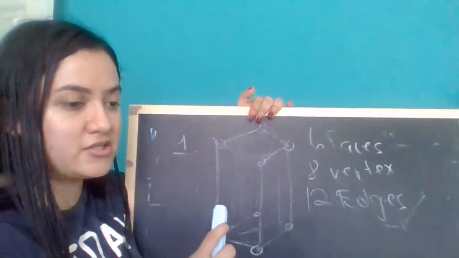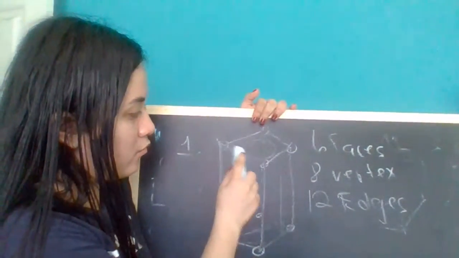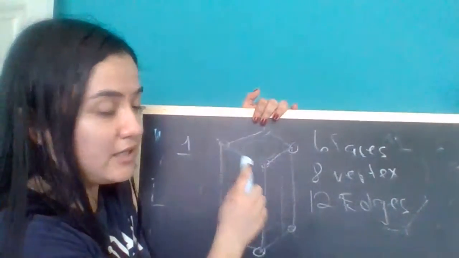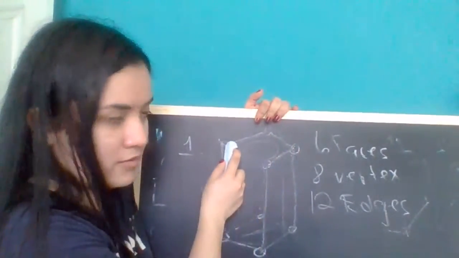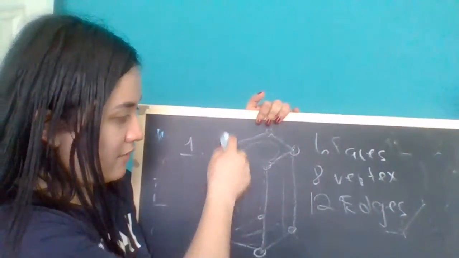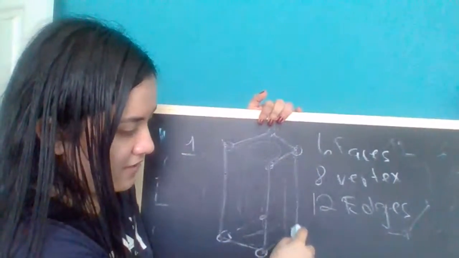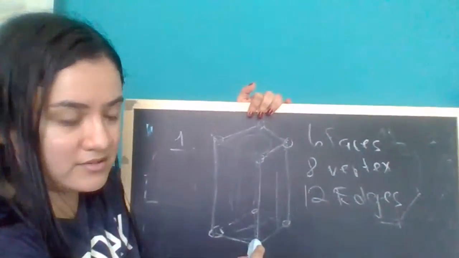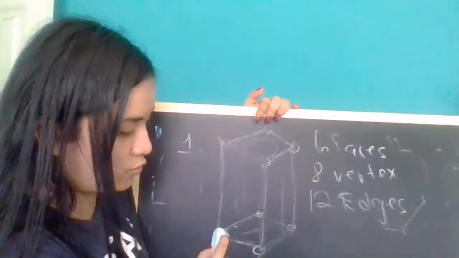Let's count the edges together. Use your pencil and go in your book. Edges are the lines. 1, 2, 3, 4. Now we go down. 5, 6, that is in the back. 7, 8. Now the ones that are in the bottom. 9, 10, 11, 12.